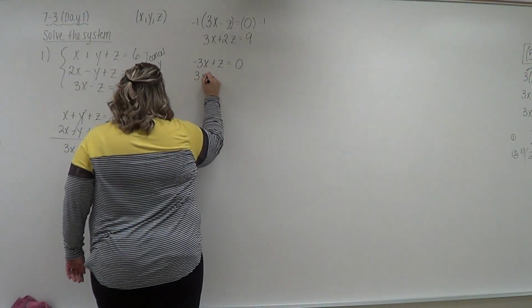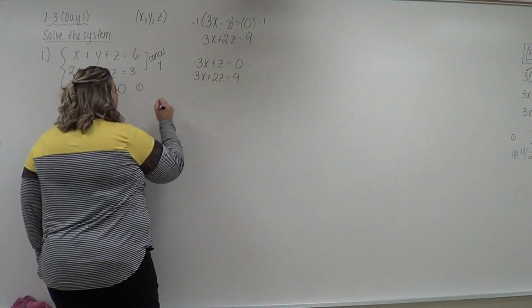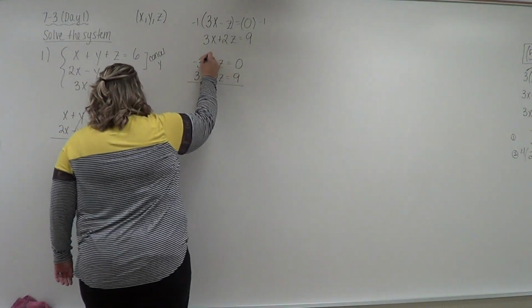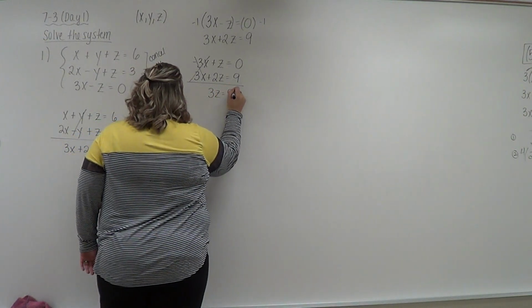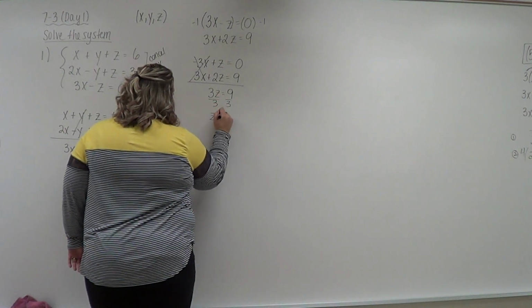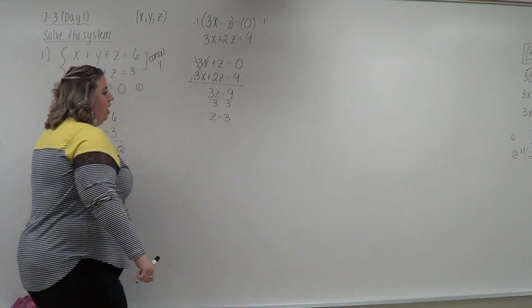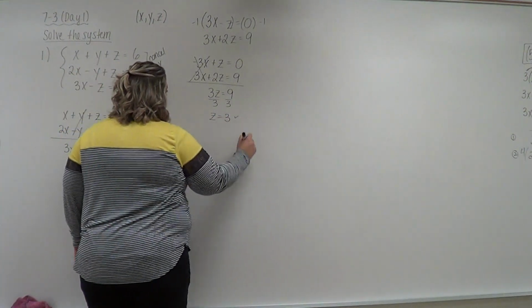This one stays the same. When I eliminate the x's, I have 4z equals 9... 3z equals 9, divide by 3, z equals 3.